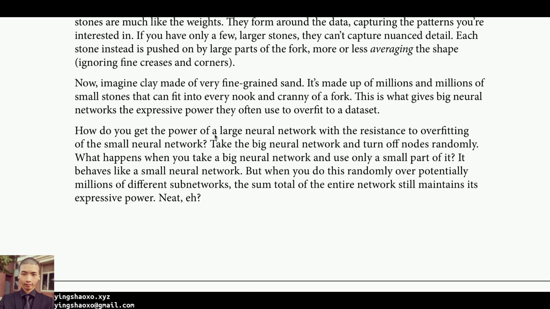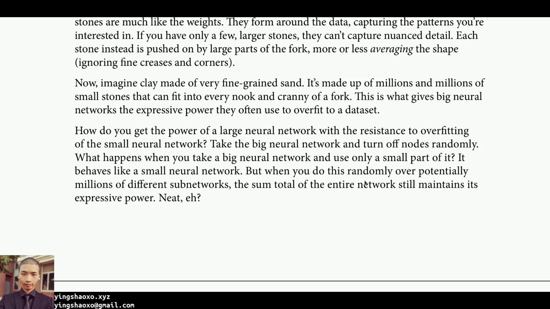How do you get the power of a large neural network with the resistance to overfitting of the small neural network? Take the big neural network and turn off nodes randomly. What happens when you take a big neural network and use only a small part of it? It behaves like a small neural network.